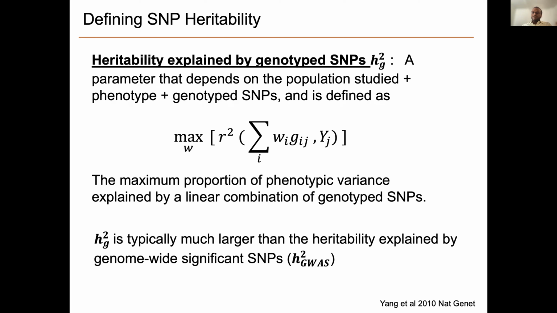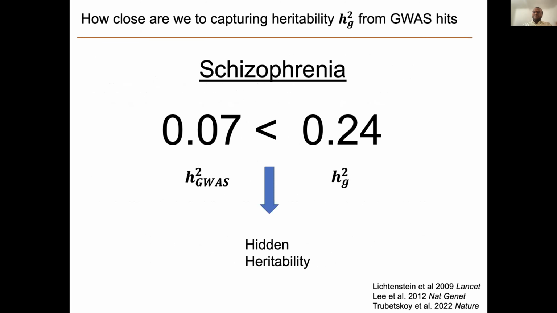But that's not always the case, and oftentimes it is not the case, actually. An example of that is in schizophrenia, where h_GWAS² is 0.07 and h_g² is 0.24. So it's almost 3 times lower than h_g². And this gap is called the hidden heritability. One way of closing this gap would be to have larger sample sizes and or probably meta-analyze across different cohorts and try to bridge the gap.